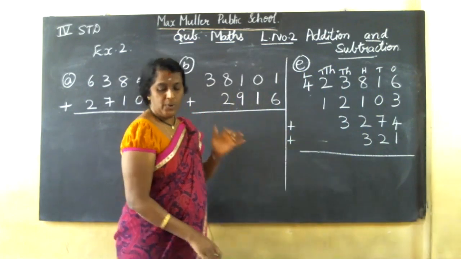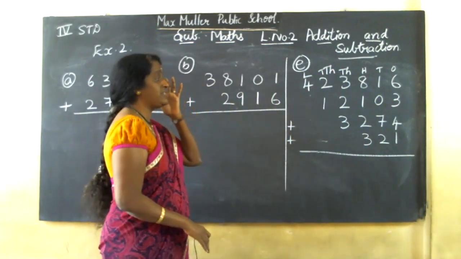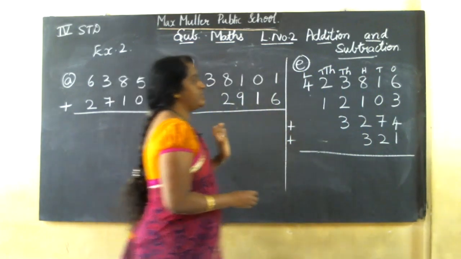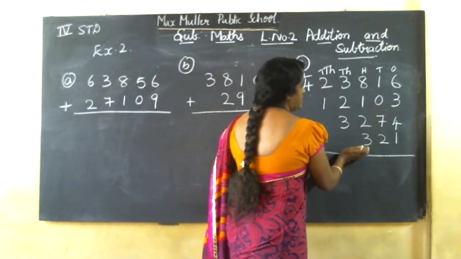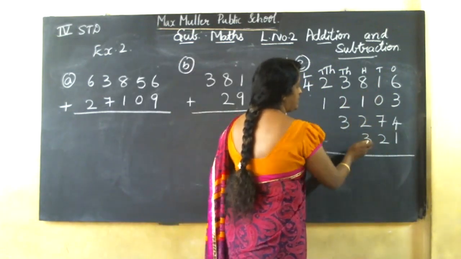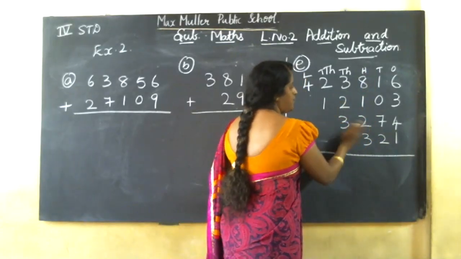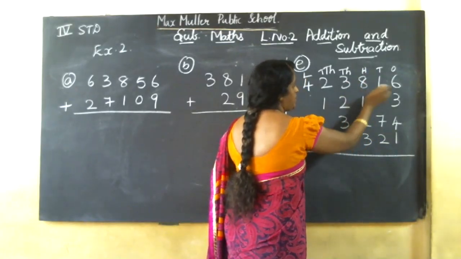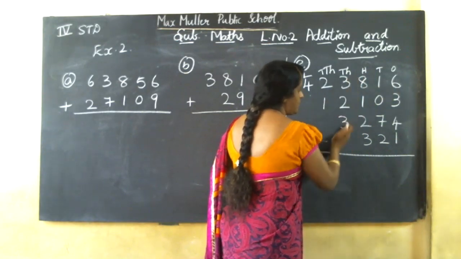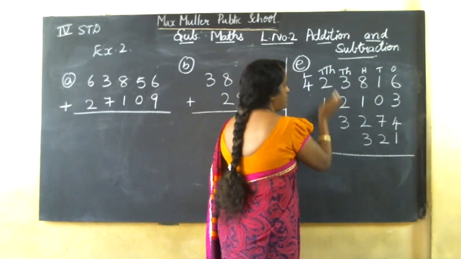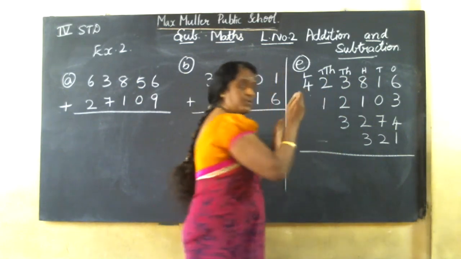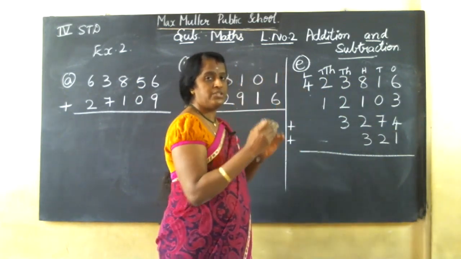Up to lakh, 7 digit and 6 digit numbers are there. When you write 302, you should start 300 from the hundreds place only. When you write 3000, a 4 digit number, the 3000 you should start from the thousands place. Here 12,000 means from the 10,000 place. So by knowing where to start, you should write.